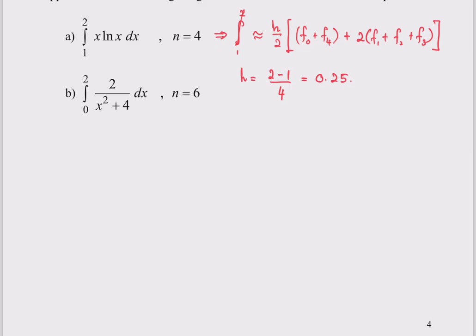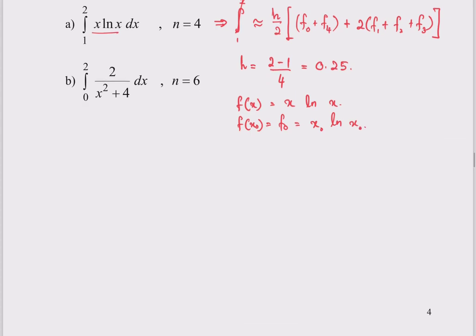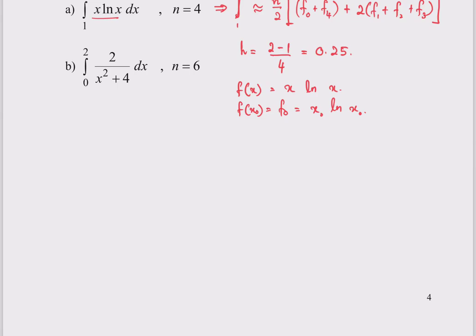And your f(x) is x ln x. f(x0) is equal to x0 ln x0, and so on: f1, f2, f3 and also f4.